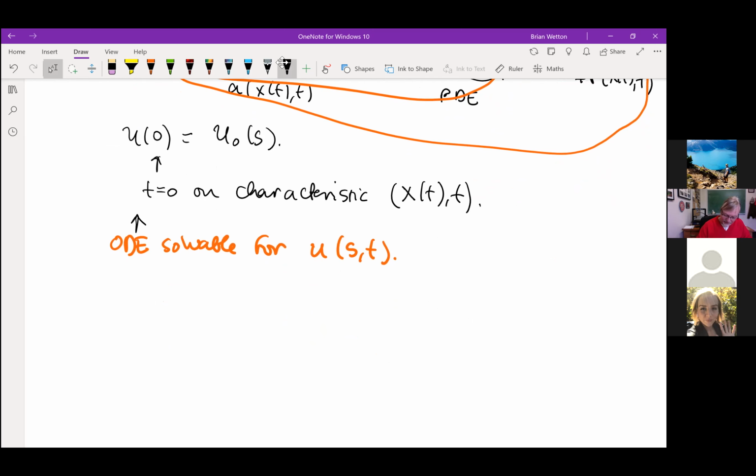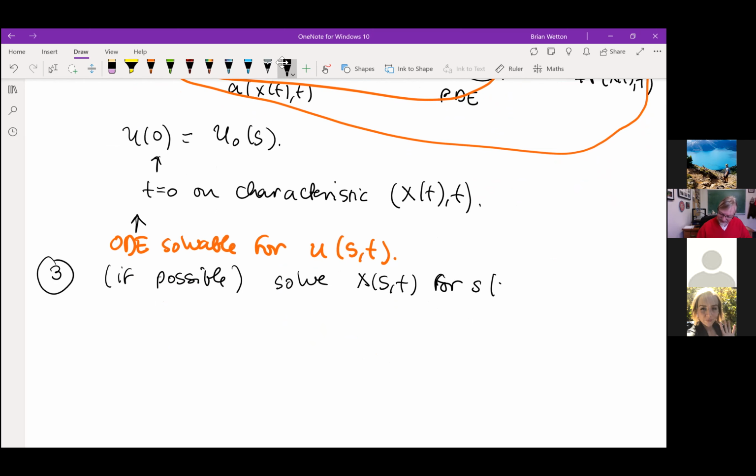And then the third step, if possible, solve x of s and t for s of x and t, and then you've got u of x and t is this u of s of x and t, and t.